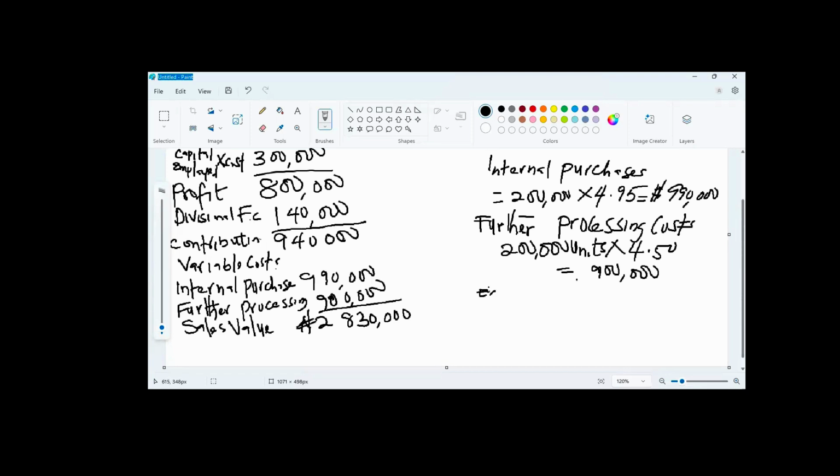External selling price. That is the external selling price. No internal selling. External selling price per unit is equal to 2,830,000 divided by 200,000 units.